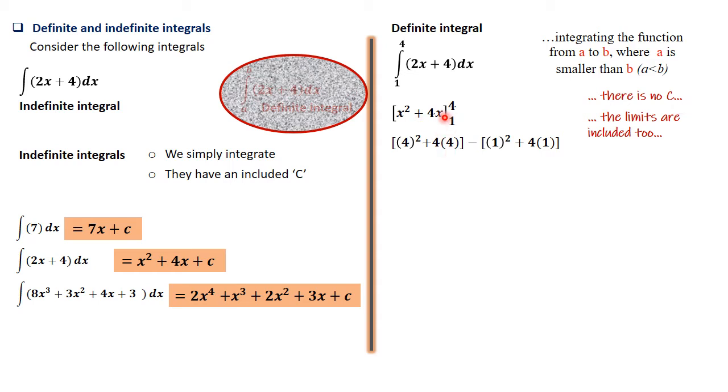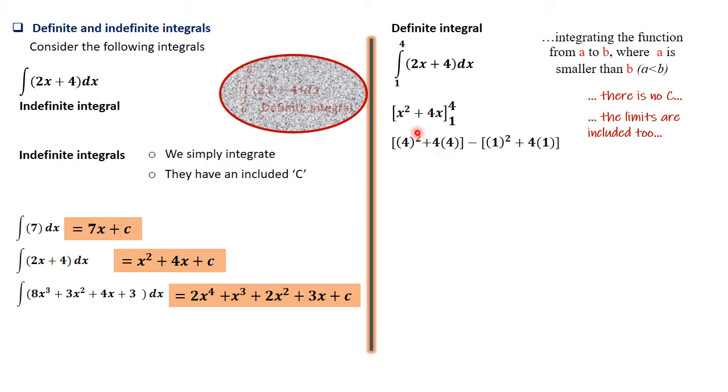To continue, we now have the brackets put twice. We have x squared plus 4x, only that we have replaced the value of x with 4. That is, instead of x squared, we have 4 squared, and instead of 4x, we have 4 times 4.